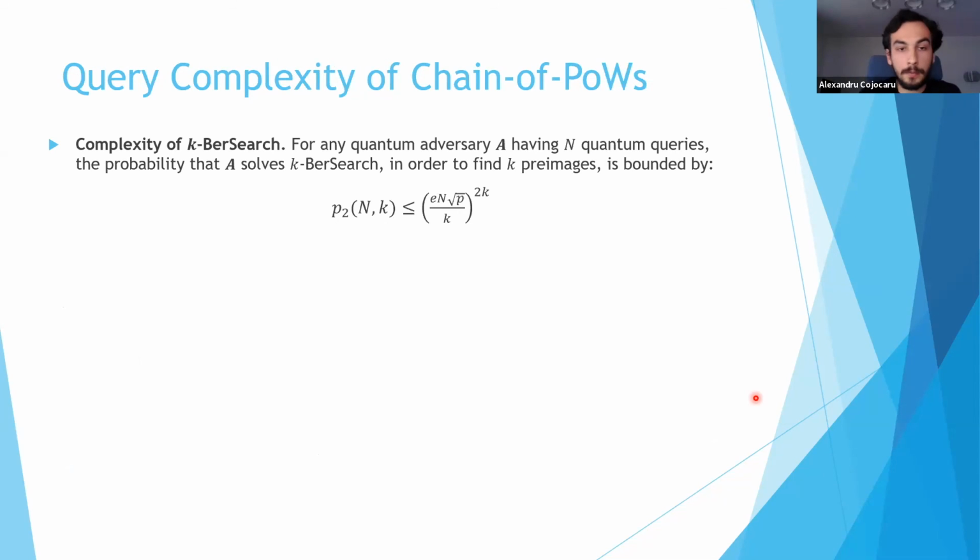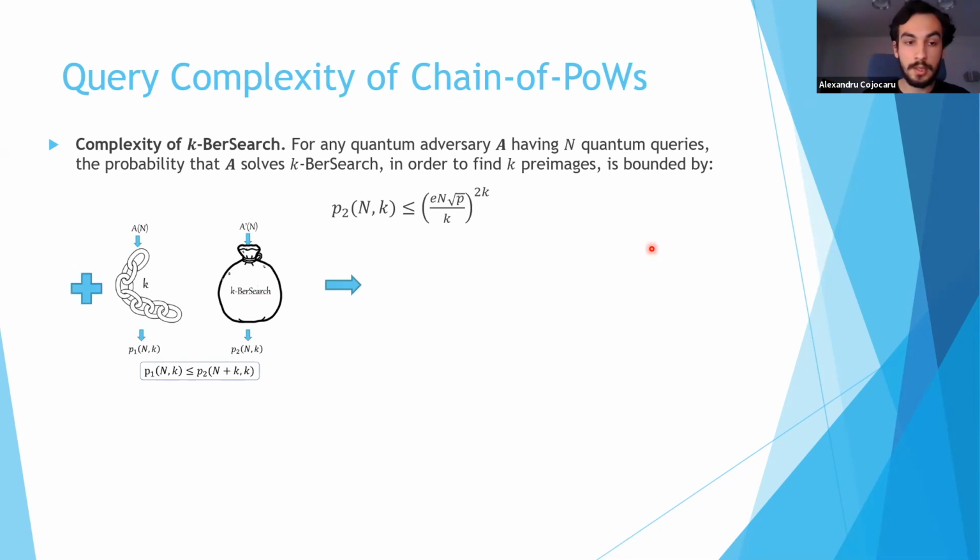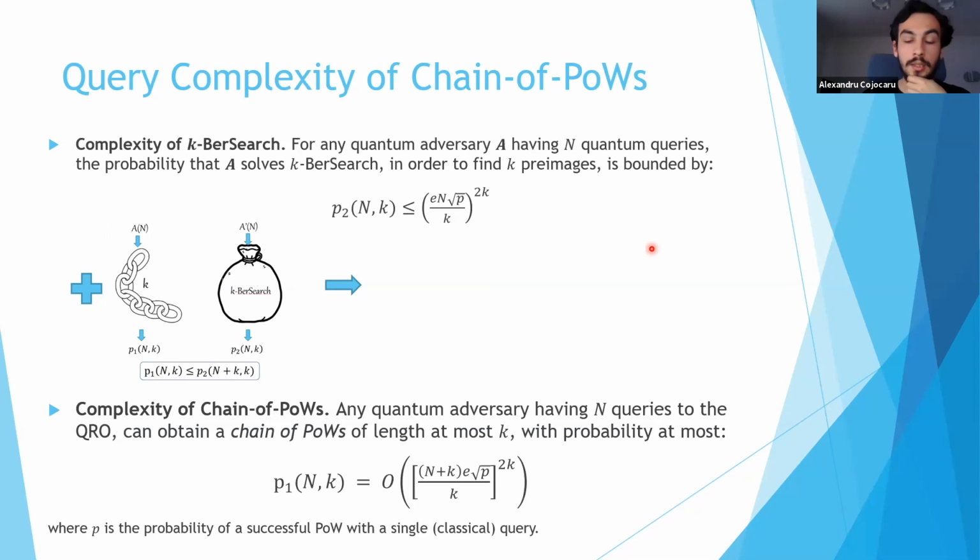So now that we have established the query complexity of the K-Bear search problem, and have seen the maximum probability of the adversary to solve it, we just need to combine this result with our relation between the query complexity of the two problems, and then we can derive our main result about the complexity of the chain of pose.